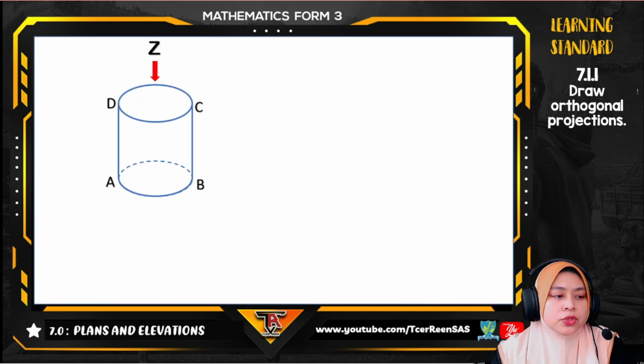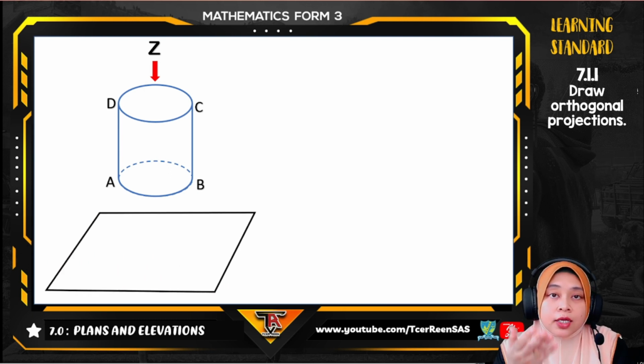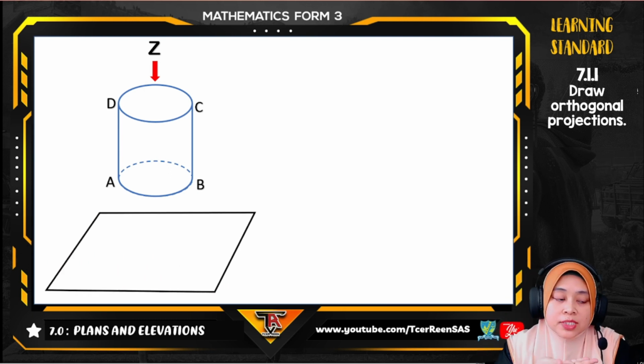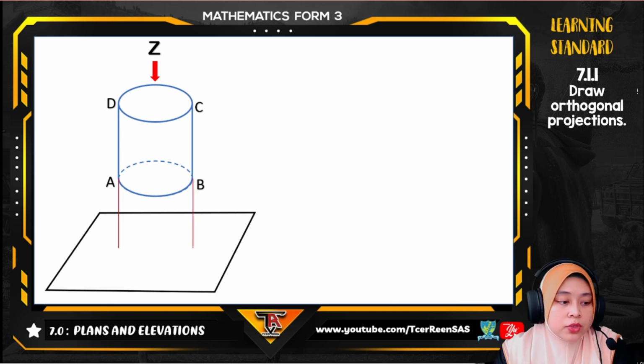First of all, the first question is a view from Z. So from the top, and when it is from the top the plane is horizontal. What will you see if you view the object from the top? You will see a circle like this.